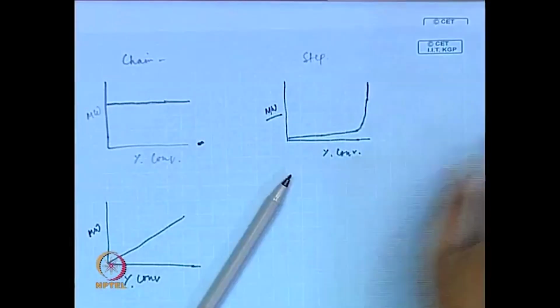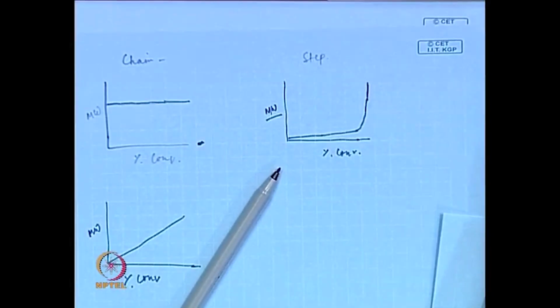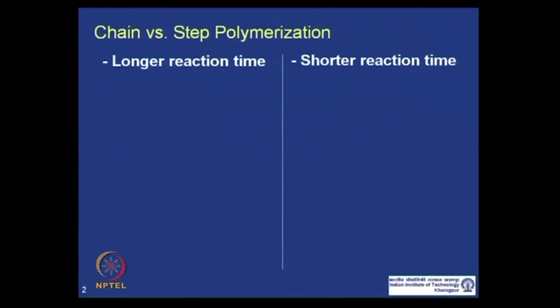So, let us compare the two polymerization processes one more time, the chain and step polymers. In this case, the left side is step polymers and this side is chain polymers. As you have seen, step polymerization happens stepwise, and the reactions are between functional groups.